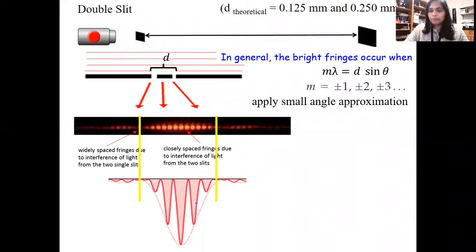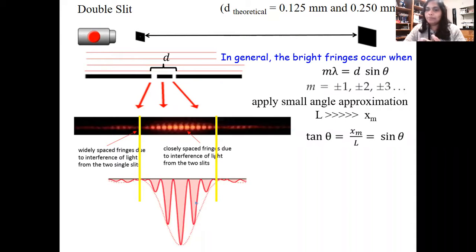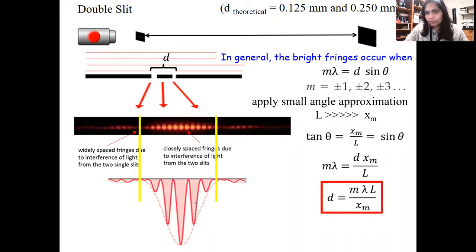In that case, tangent theta and sine theta will be equal to each other, and it is xm over L. So we can modify this equation as m lambda equals d xm over L, and you can get an equation for d, the size of the two slits, the slit separation, which will be m lambda L over xm.